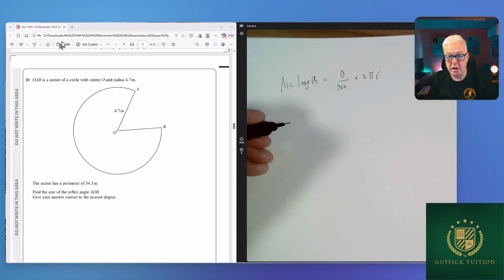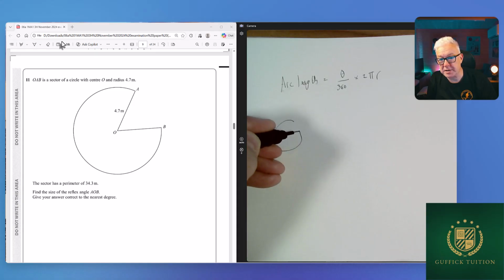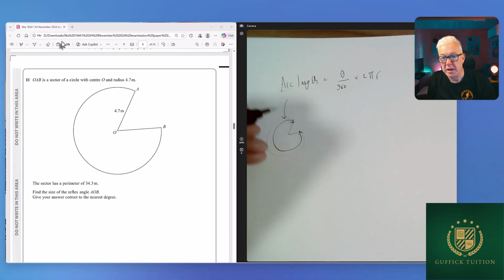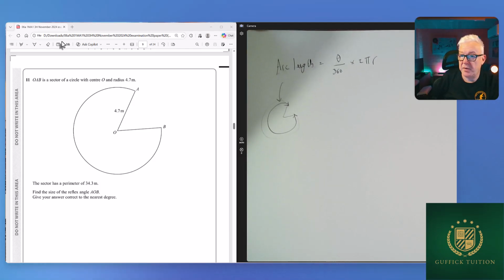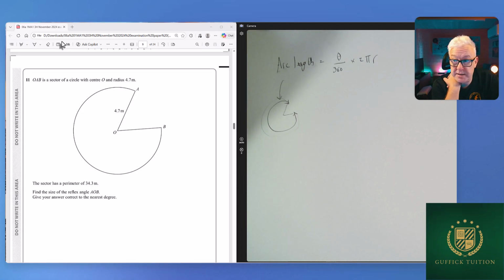And what do we mean by arc length? So basically arc length is going to be this distance around the outside here of the circle. So that bit there is the arc length. Now the sector, we have to be really careful. There's a very easy trap we could fall into with this particular question, because it tells us that the perimeter is equal to 34.3.